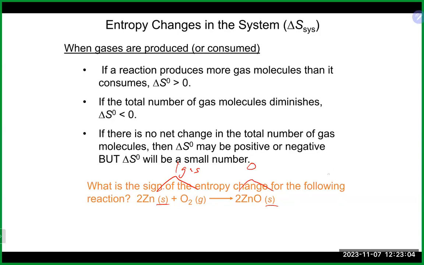We have no gas molecules. So we would expect the delta S here to be negative, as the entropy is decreasing. The amount of disorder is decreasing. Any questions on that? That's a good thing to keep in mind as you're doing these problems. Take a look at the equation and make a pretty good prediction as to the sign you should get when you calculate something like the delta S.